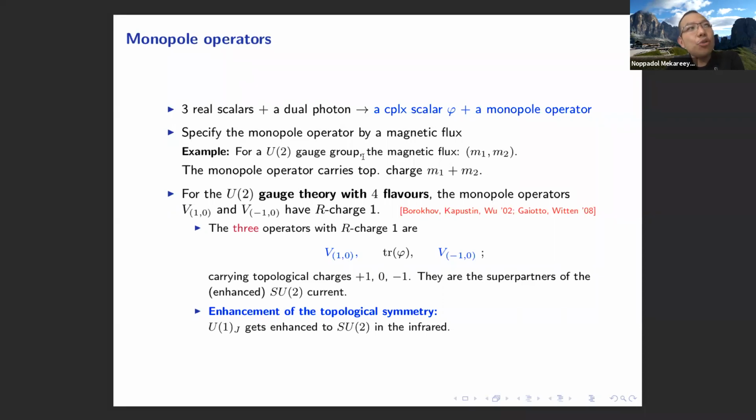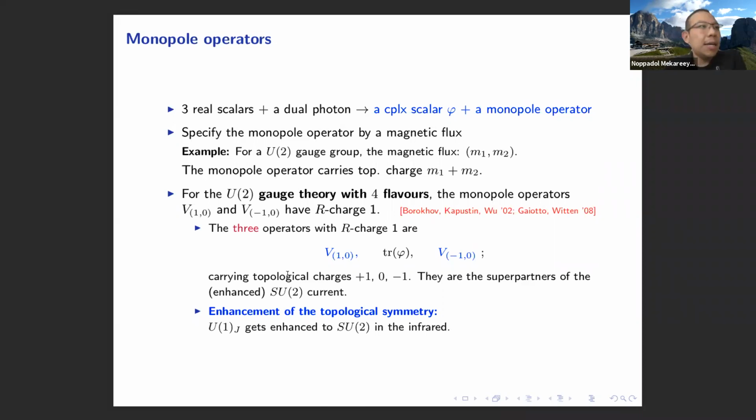For example, for U2 gauge group, the magnetic flux is labeled by 2 integers. There is a Weyl group action, so you can take m1 greater than or equal to m2, for example. And the monopole operator carries topological charge m1 plus m2. For U2 gauge theory with 4 flavors, the monopole operators that carry R charge 1 are the ones that carry flux (1,0) and (-1,0).